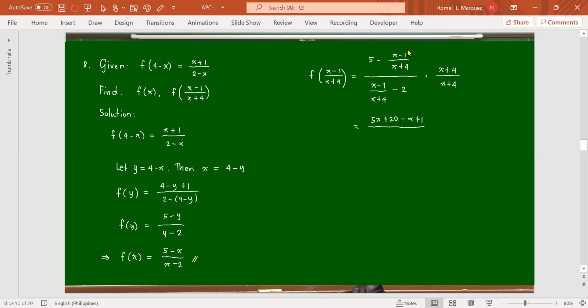Cancel, then minus x plus 1. What about the denominator? Cancelled out, getting x minus 1, then minus 2x minus 8. Get it, guys? Can you follow, guys? Yes po. So this is 4x plus 21. And then the last one, the denominator, negative x minus 9.